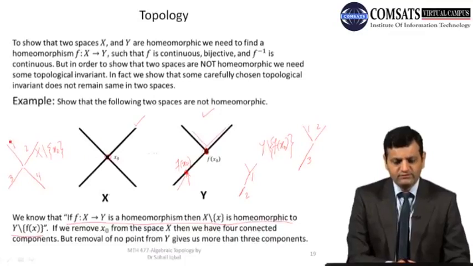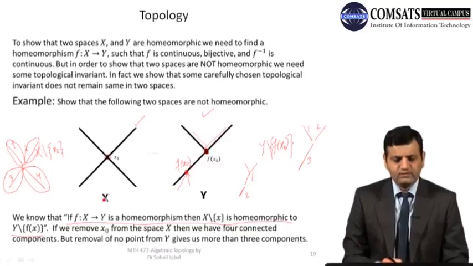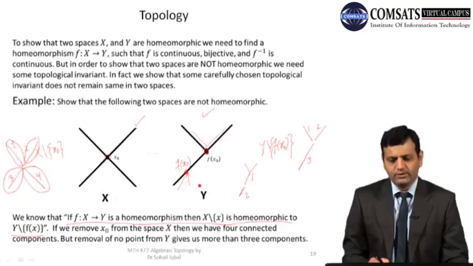So the image of connected component 1 should be a connected component, the image of connected component 2 should be a connected component, the image of connected component 3 should be a connected component, and similarly the image of the fourth connected component should also be a connected component. So we should get four connected components under the image when we are mapping x to y.